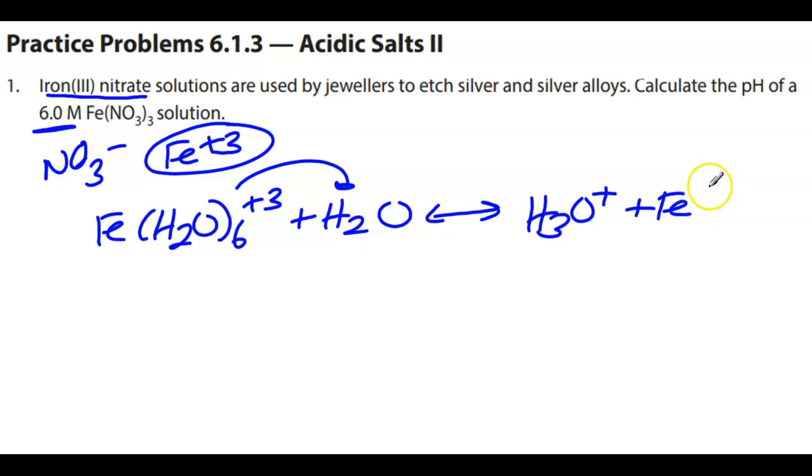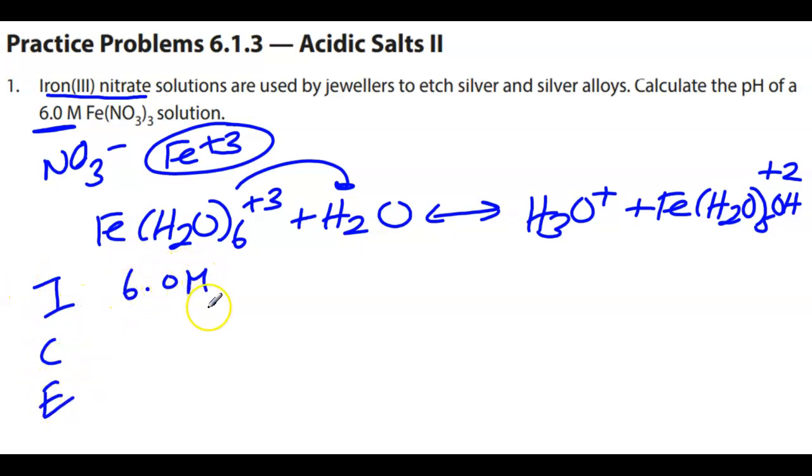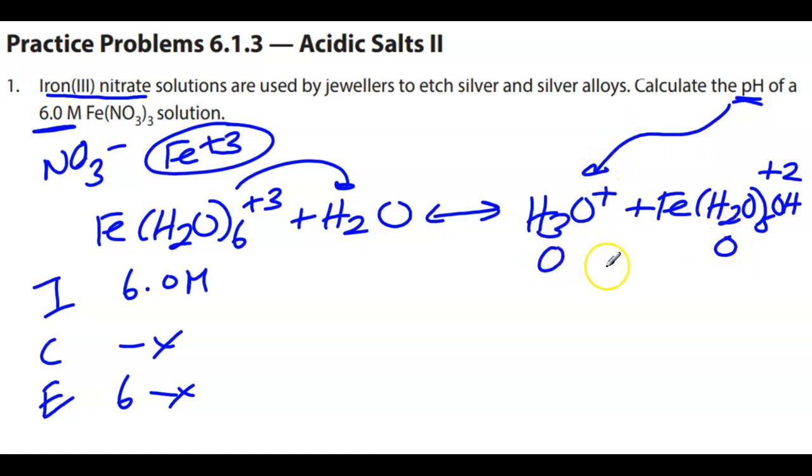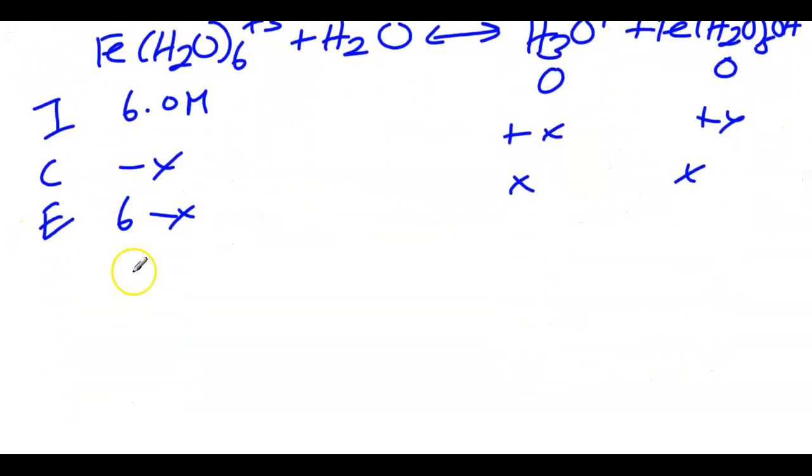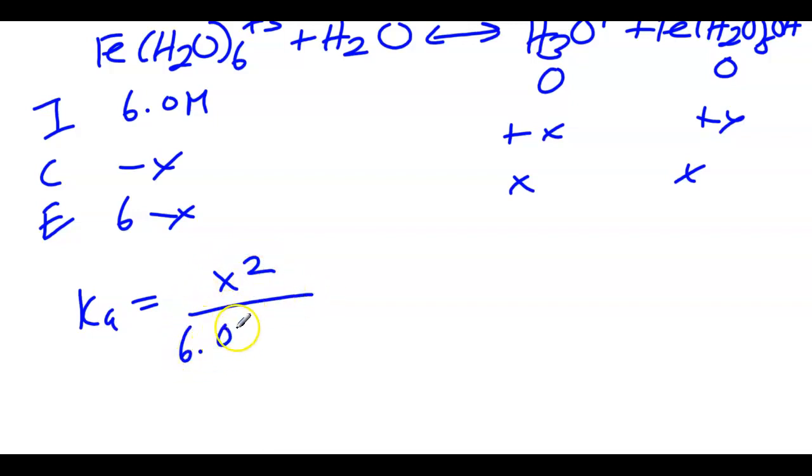This will give us 5 waters now and a hydroxide, and this is going to be +2. If we were to create an ICE table, we have this as being 6 mole per liter, 6 minus X. If we want the pH, we still want the concentration of hydronium at equilibrium, so plus X, X and X. Because we have this Ka value, it's really going to be X squared over 6.0 minus X. The Ka value here is 6.0 times 10 to the -3.